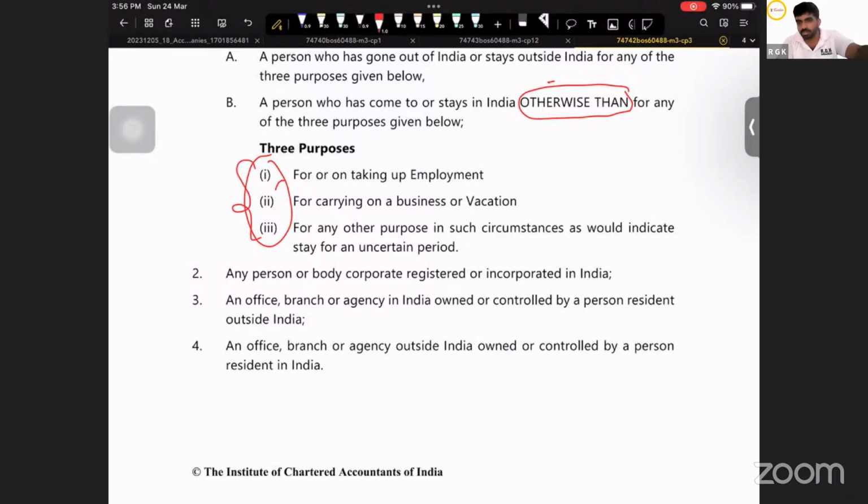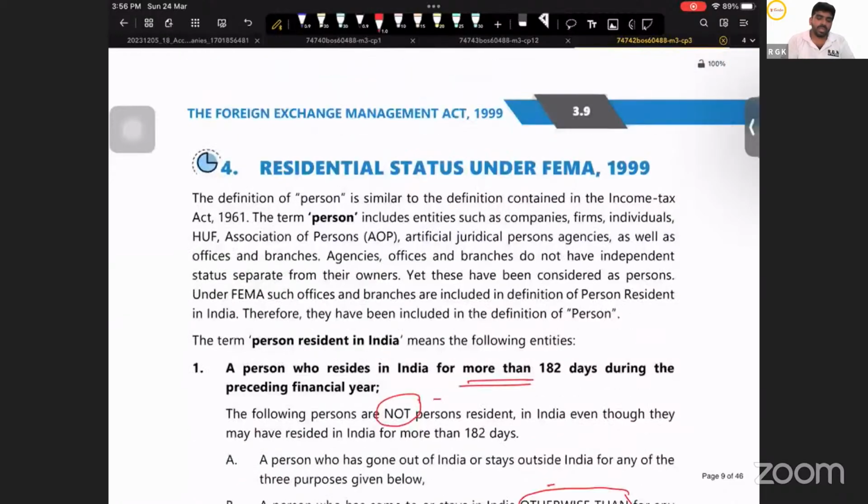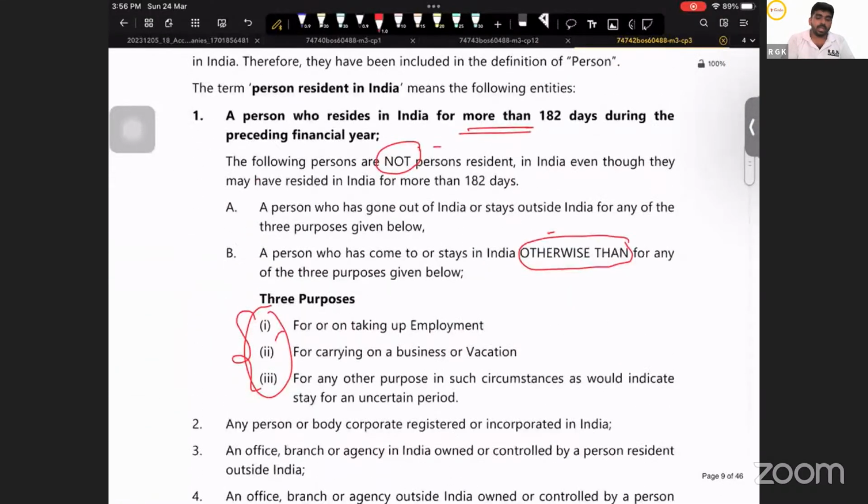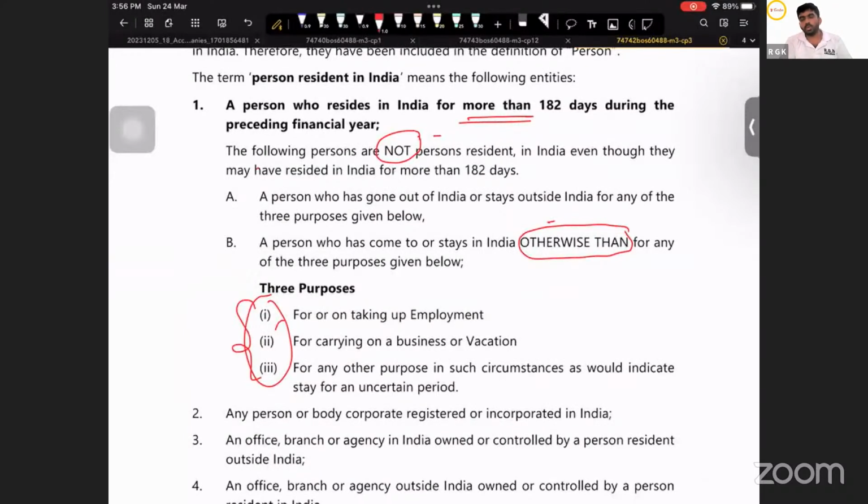To summarize this entire definition, only very limited points are there. If you remember these limited points, definitely if one question is asked on this area, you can crack that particular area easily. So let us recall it once.